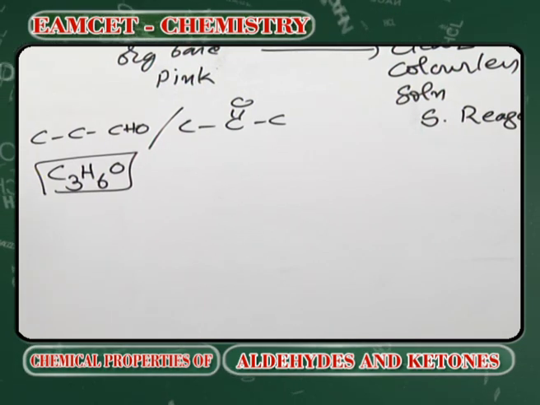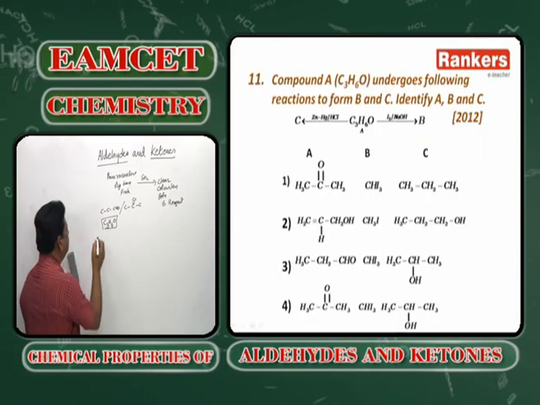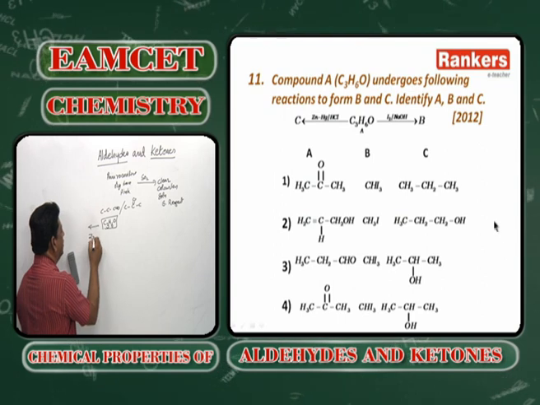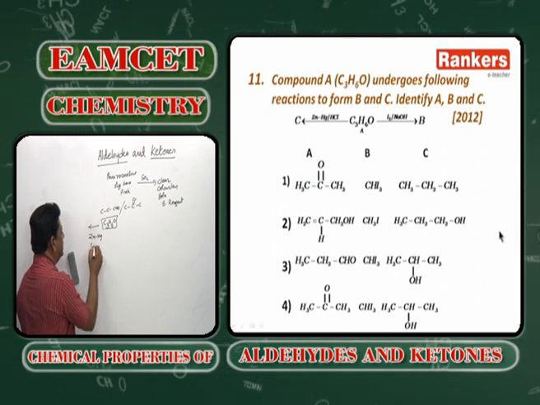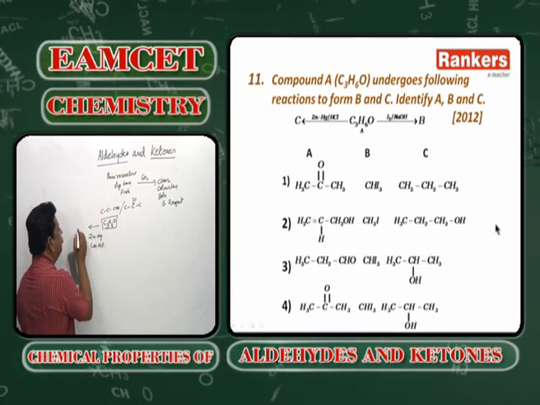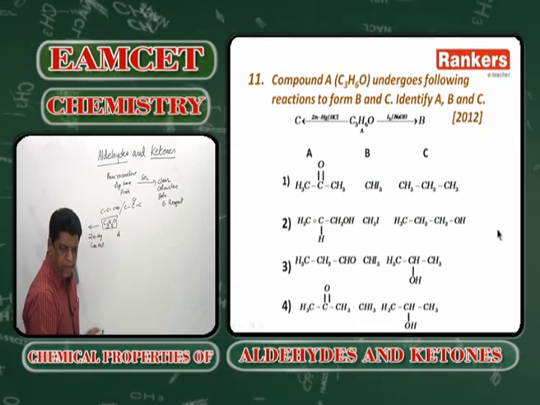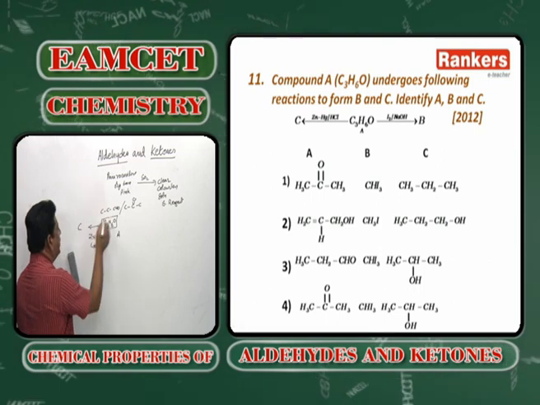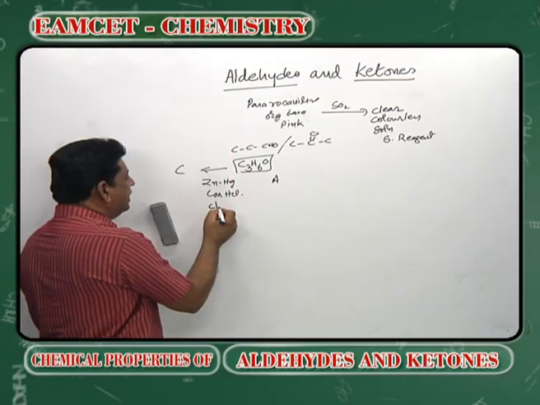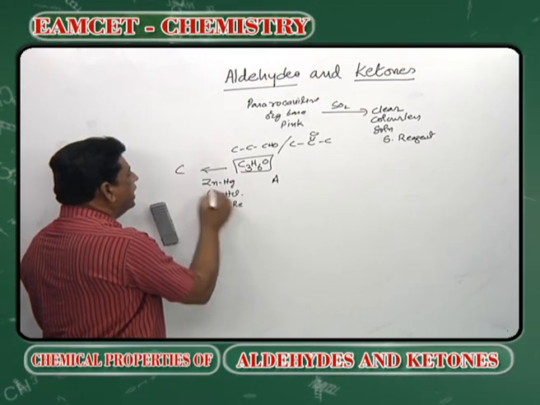But one side he says zinc amalgam and concentrated HCl, it gives a side product C. This reduction is known as Clemmensen reduction, which gives compound C.